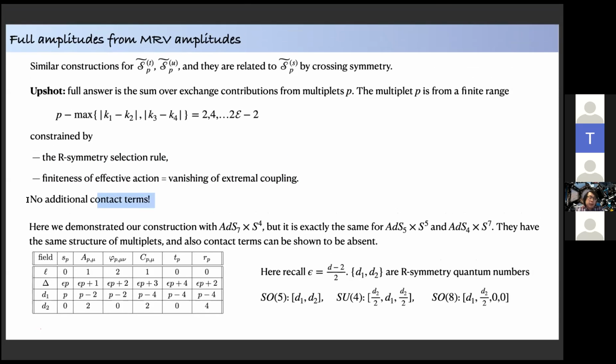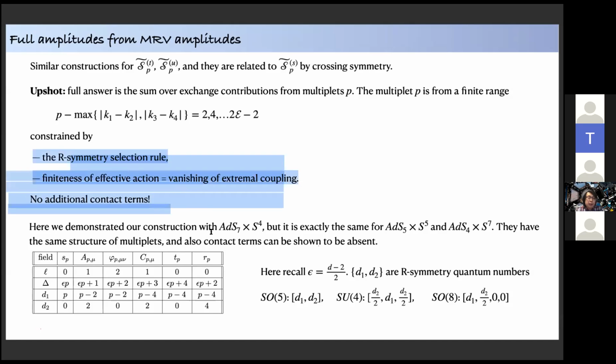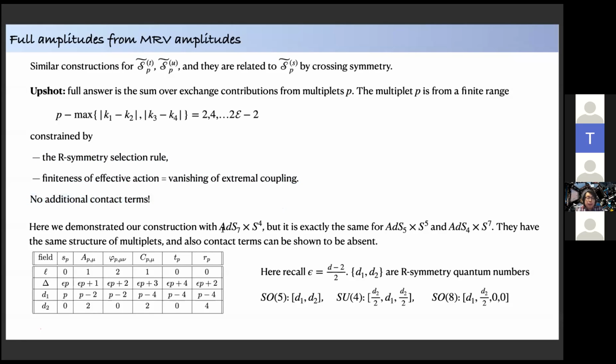And here I want to stress again that there is no additional contact term, and the answer is just the sum of exchange diagrams. So here I demonstrated this construction using the case of AdS7, but it's exactly the same for AdS5 and AdS4. And you can see that is because the multiplet structure is the same in all these three cases.